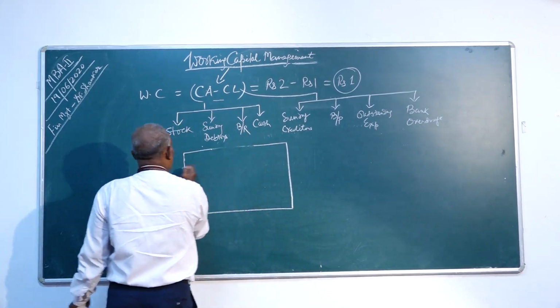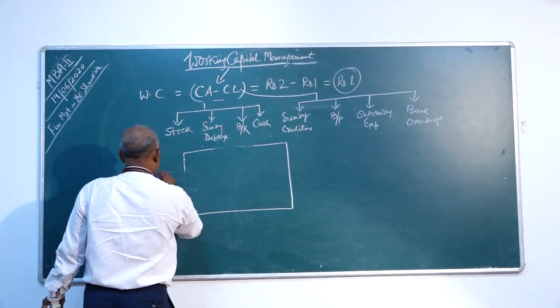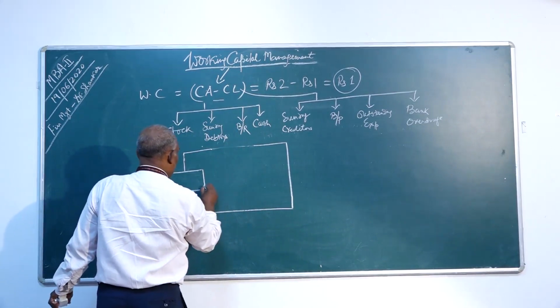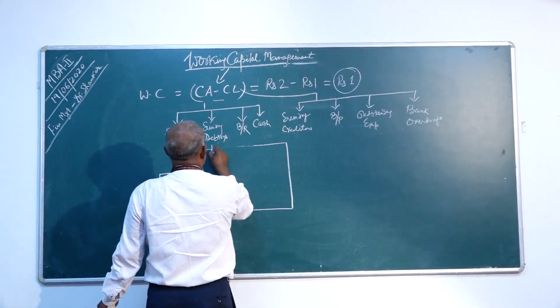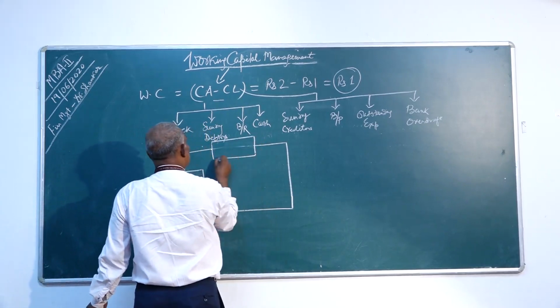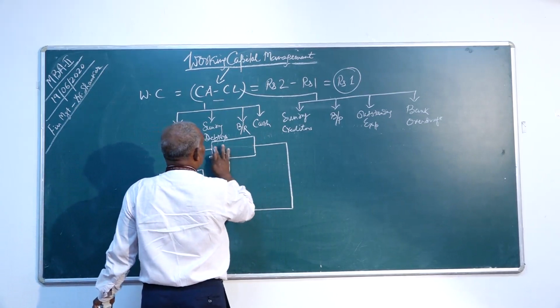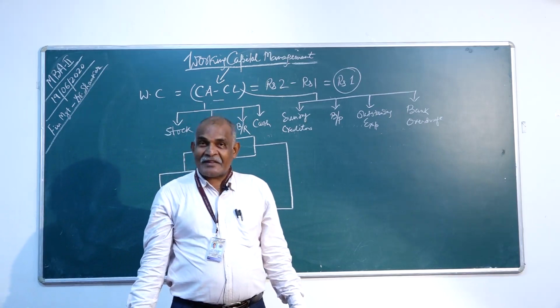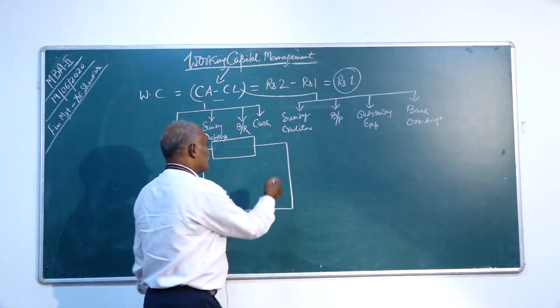We know how the business will run. A business cannot run without cash, because without cash you cannot purchase the raw materials, we cannot pay the wages, and so on and so forth.